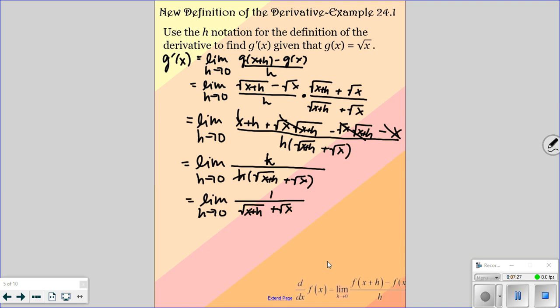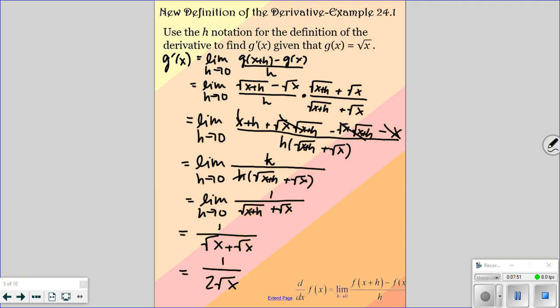And so if we do that, we're going to have 1 over x plus 0 is just the square root of x, and then plus the square root of x. So that's 2 square roots of x, so we're going to have 1 over 2 square roots of x. And so you can leave it like that.